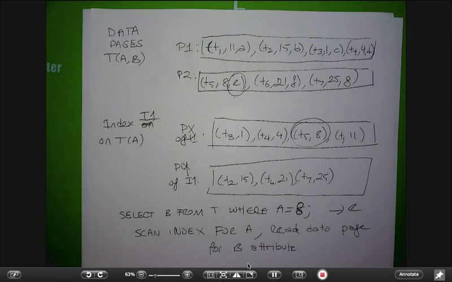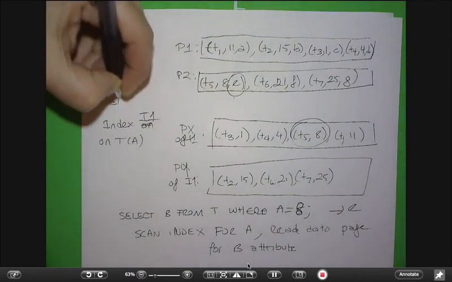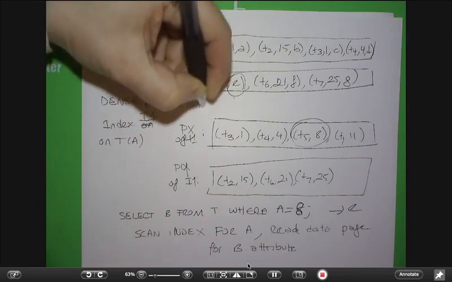It happens that this is what we call a dense index because for every tuple I'm storing an actual entry. For every tuple in the relation, I have information in the index. So this is called a dense index, meaning that there is 1 entry per tuple.